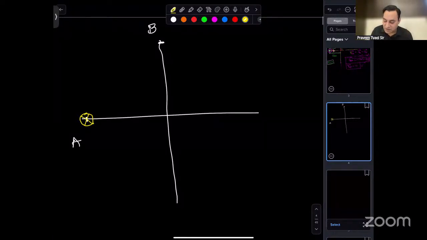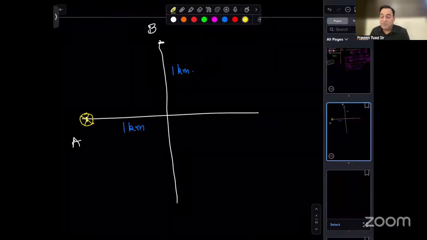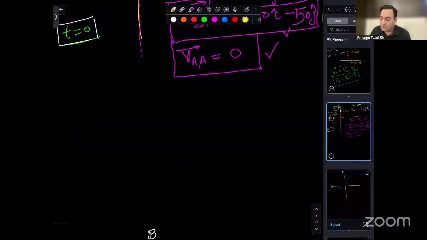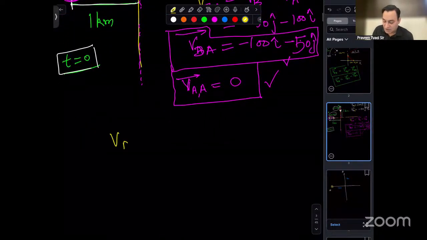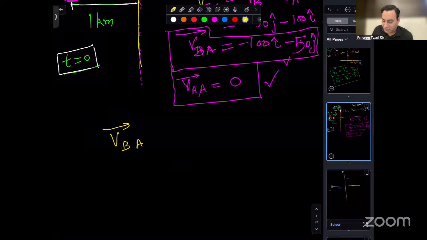This distance is 1 kilometer, 1000 meters, and this is also 1 kilometer. Now how is he feeling about B? He finds B moving with the velocity of B as observed by A, minus 100 i cap minus 50 j cap.